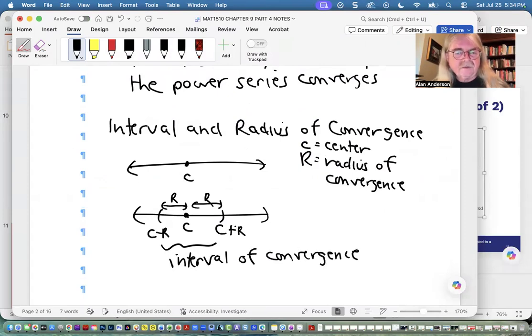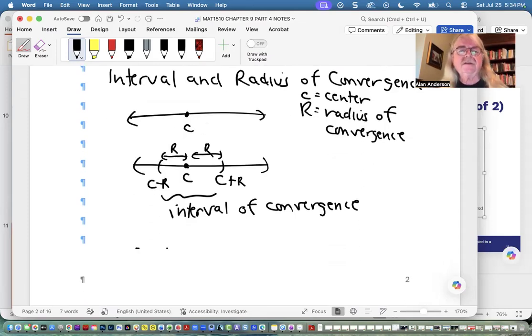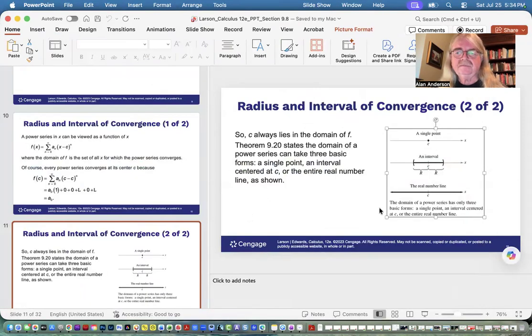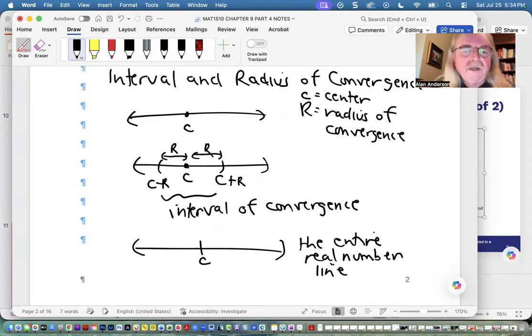R is the radius of convergence, and that defines the interval of convergence about the center, C. And then, of course, in some cases, the entire real number line is the interval of convergence. Everything.